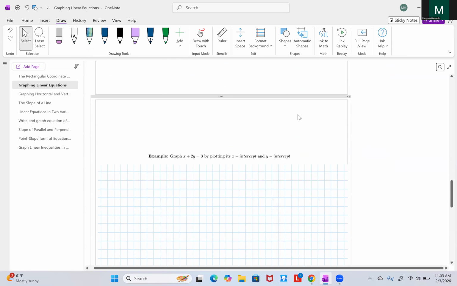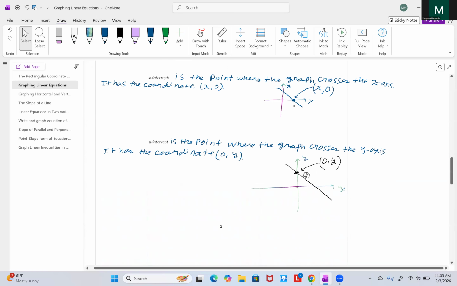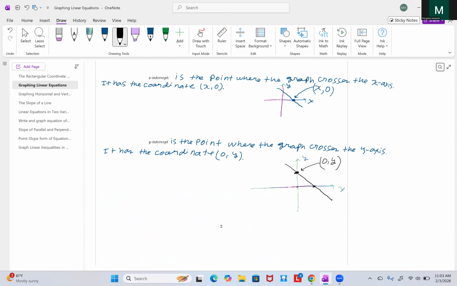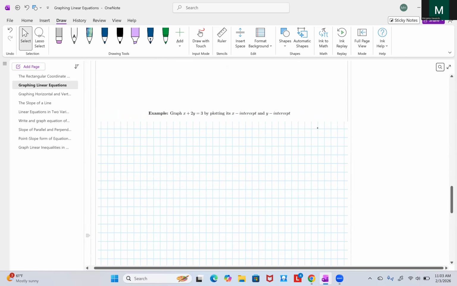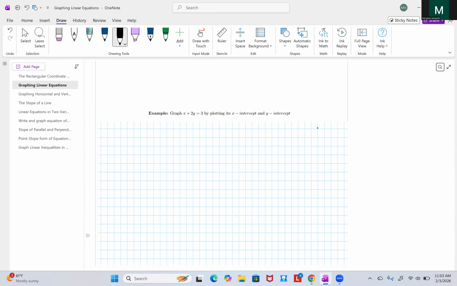Example: knowing the x-intercept and the y-intercept of a linear equation gives us 2 points. So another way of graphing a linear equation is by using the x and the y-intercepts. So we're going to graph x + 2y = 3 by plotting its x-intercept and y-intercept.